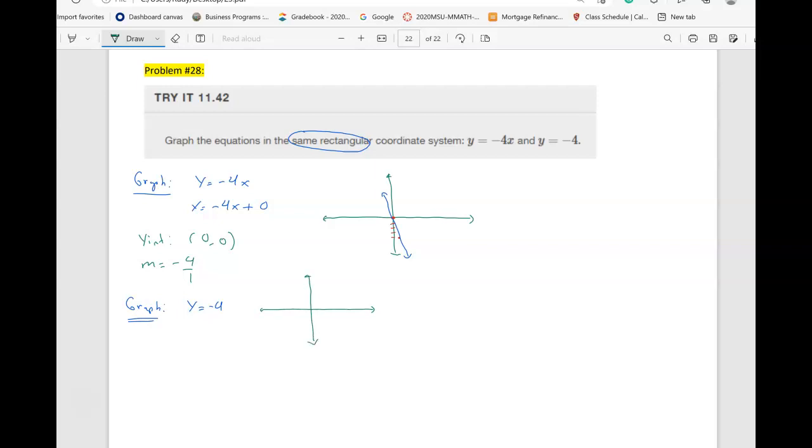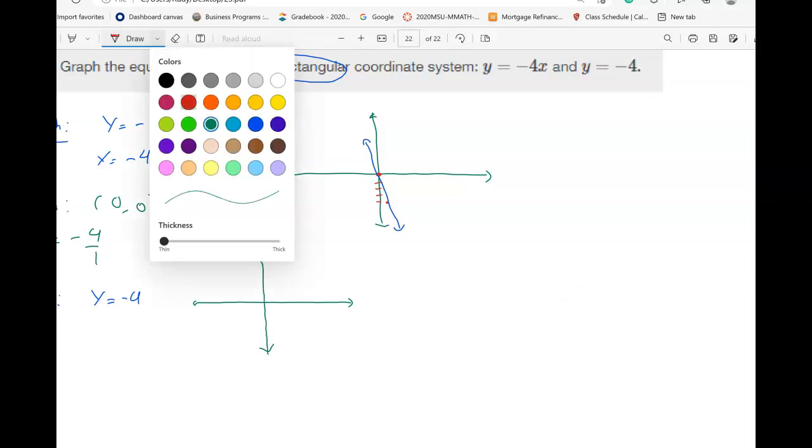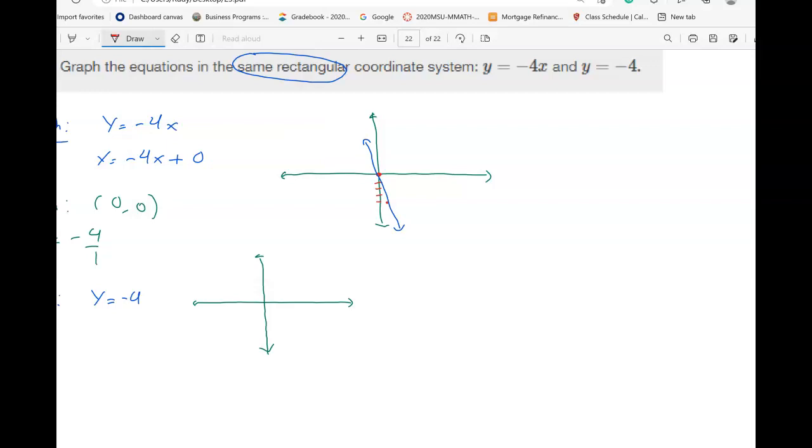So the slope of the line is 0, and it's going to cross at negative 4. So we're looking at 1, 2, 3, 4, and it's going to represent a horizontal line.